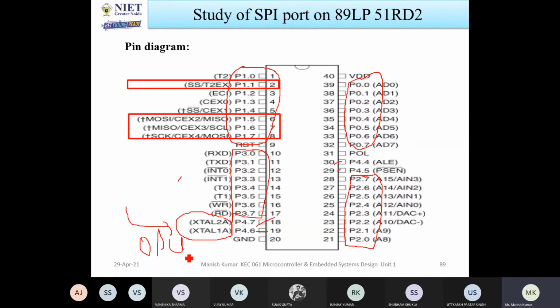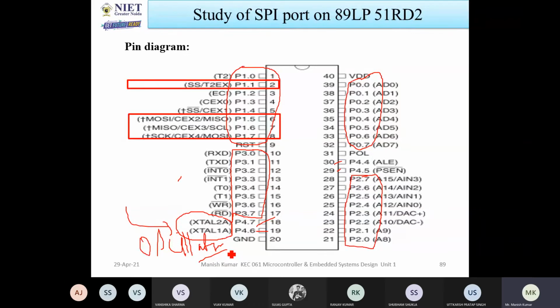Any processor or controller without an oscillator will not function. Okay, so whenever you see a motherboard or anywhere else, wherever a controller or processor is there, besides it one oscillator will be there. Which type of oscillator will be present? That is a crystal oscillator.